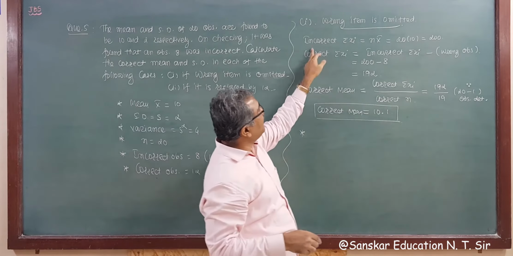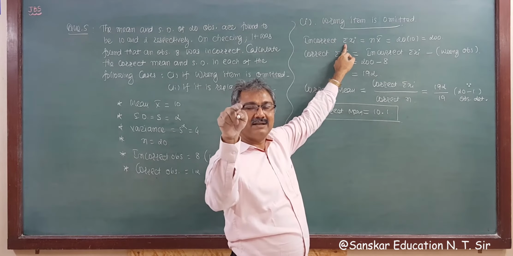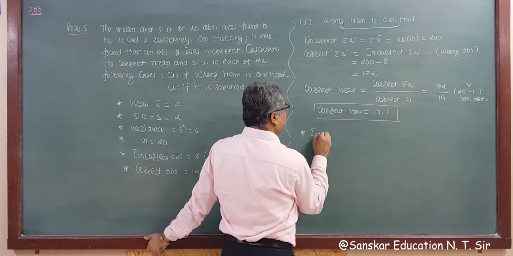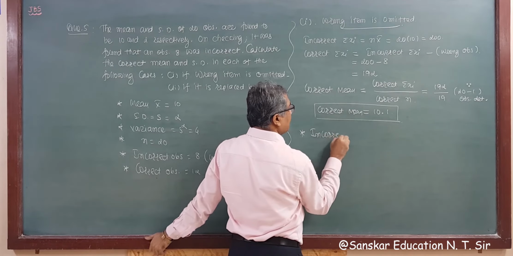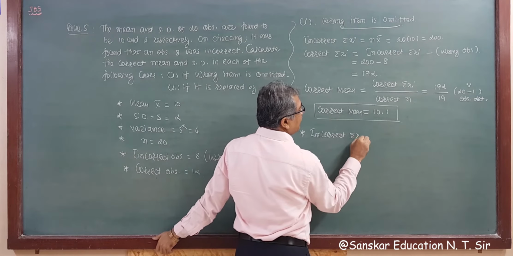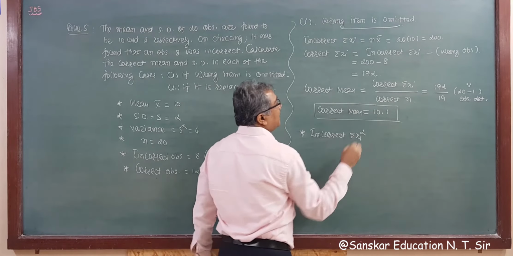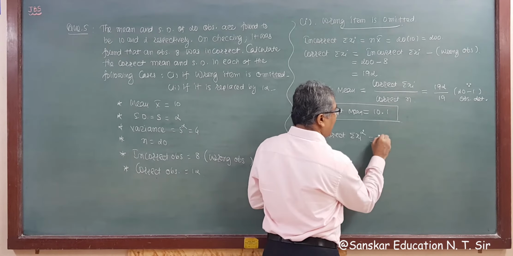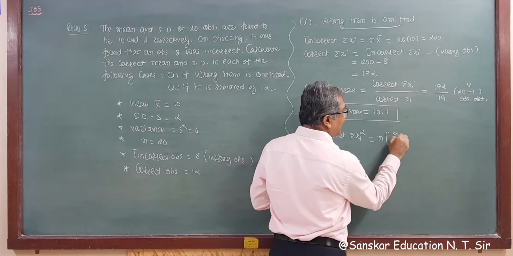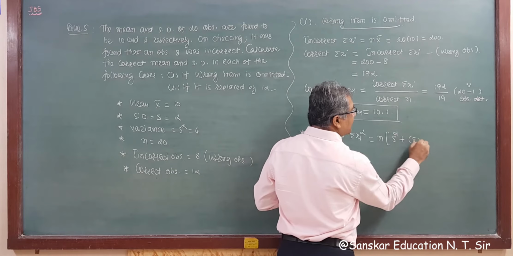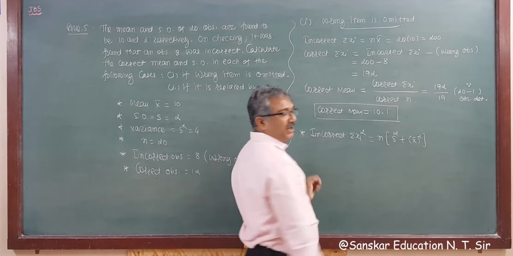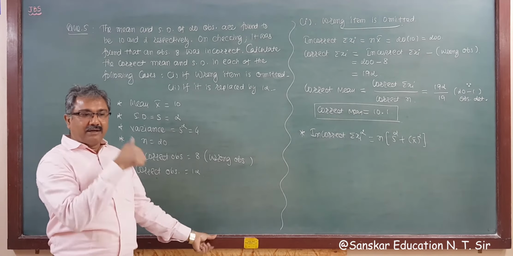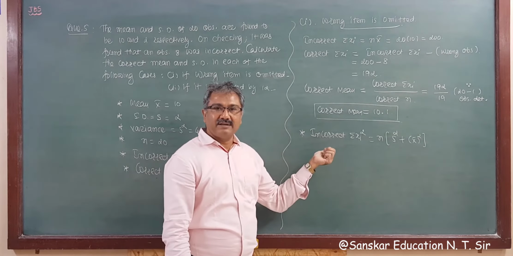The formula for incorrect sigma xi square is n into s square plus mean x bar whole square. This is your incorrect sigma xi square, right?